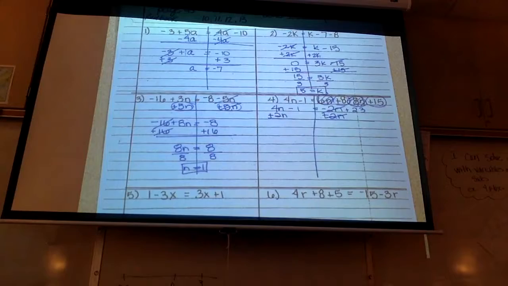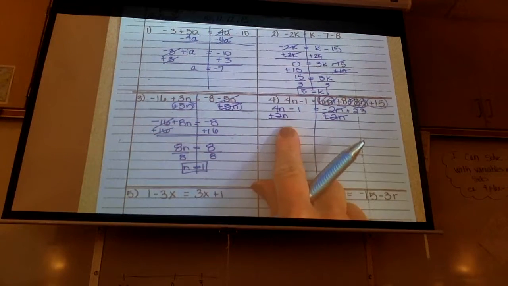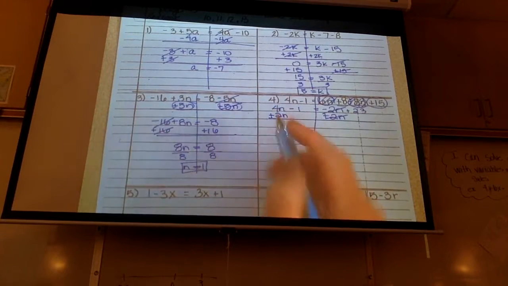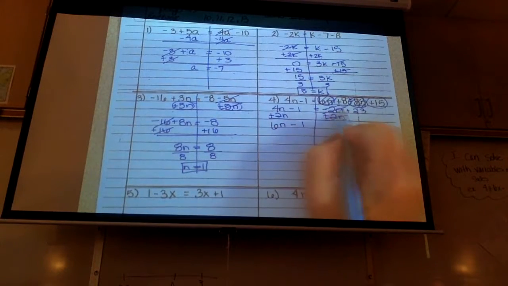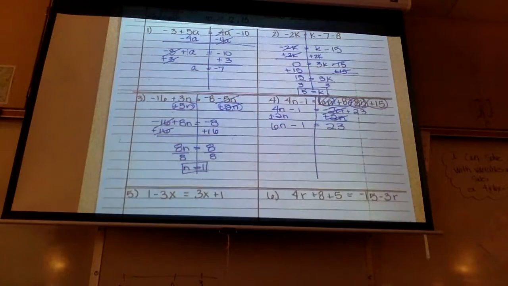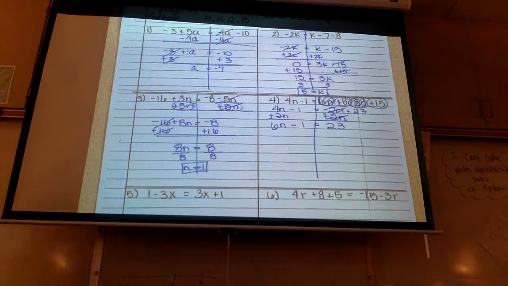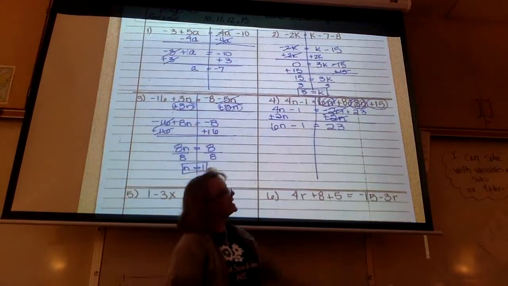Close your Chromebook. All right, what have I got over here? 4 plus 2. 6n. That's it. Minus 1. These crossed off, so they're gone. All that's left is 23. Now I can see the sniper. Who's my sniper? Minus 1.